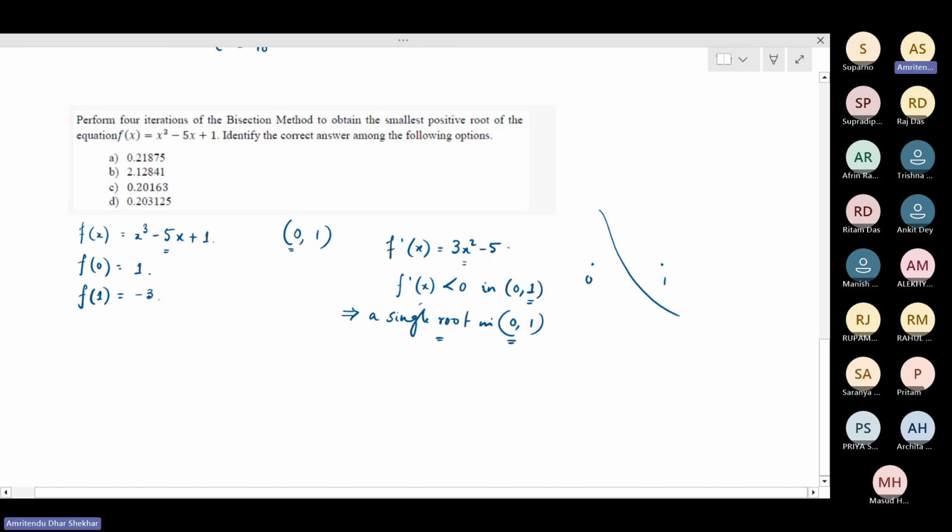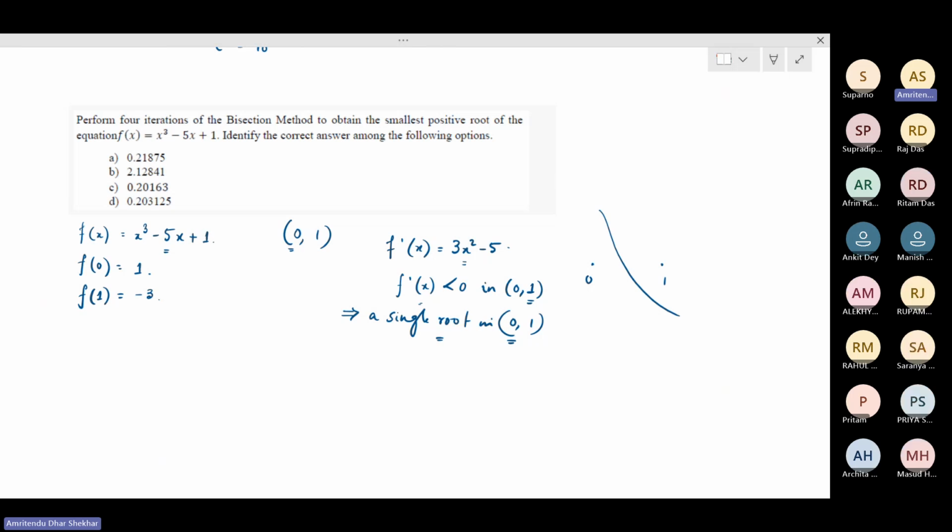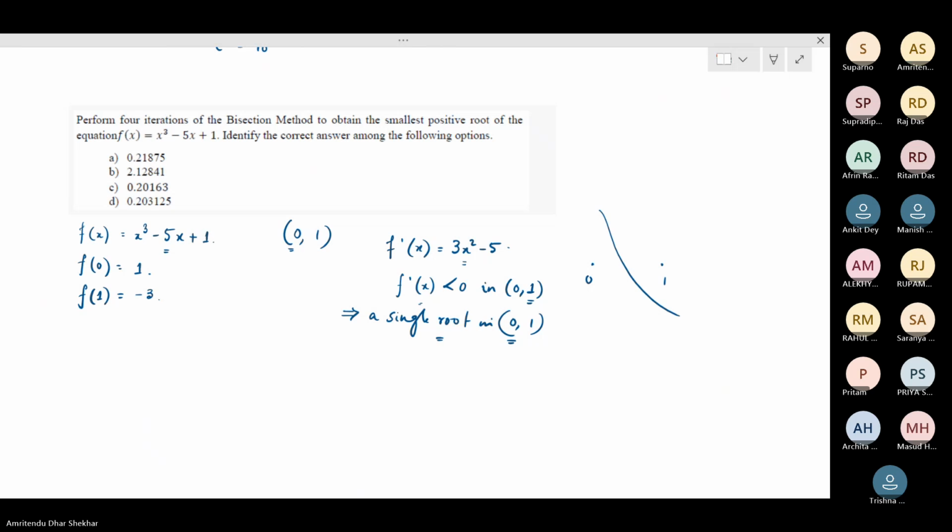This is not a necessary condition, it is a sufficient condition. As long as f dash x does not change sign within a particular interval, there can be at most one root within that interval. Here f dash x is always less than 0.